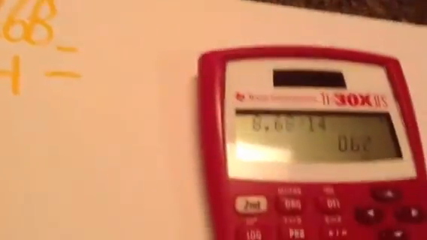And if you do that on a calculator, 8.68 divided by 14, you'll get 0.62. Okay, and then that's how much it takes for 1 mile.